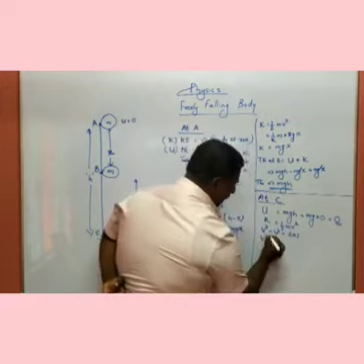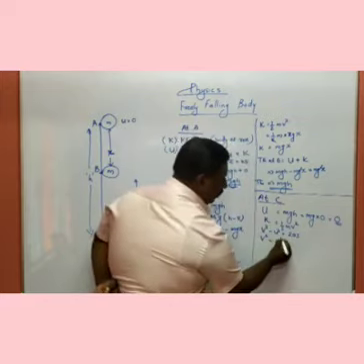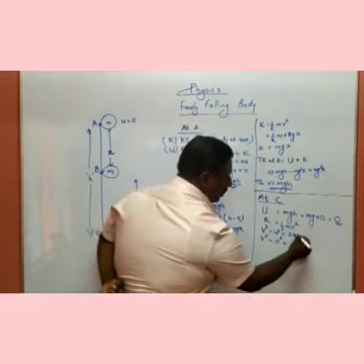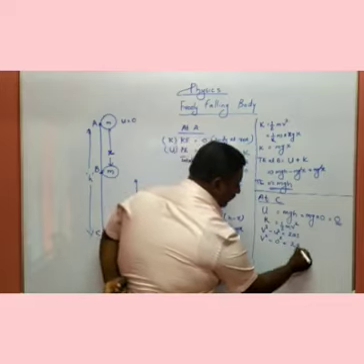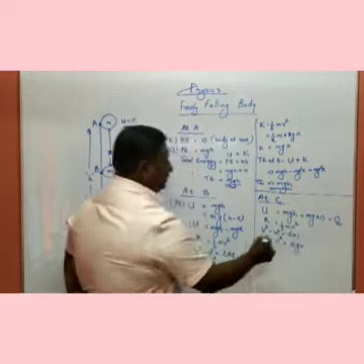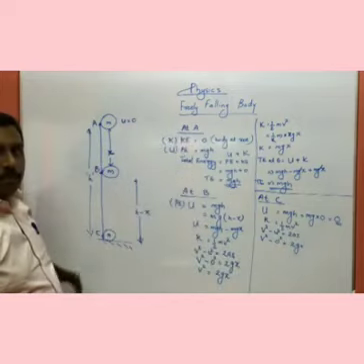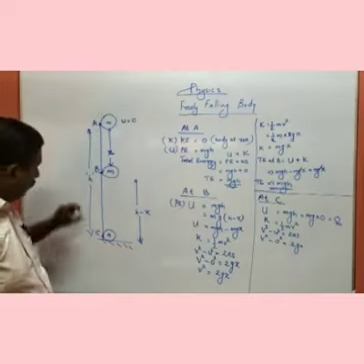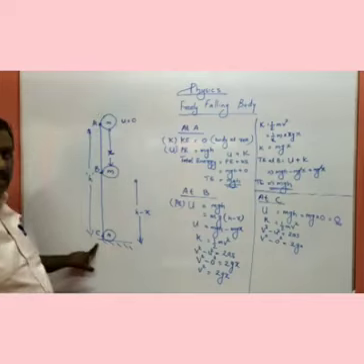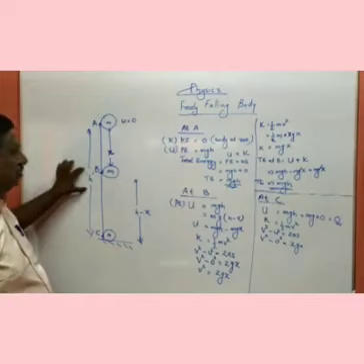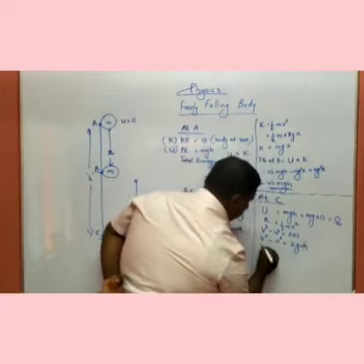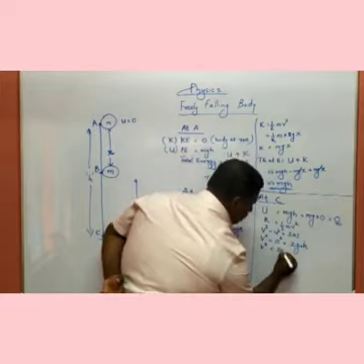Before starting it is at rest, so u is 0. a is acceleration due to gravity, into s, the distance covered by the body. The body starts from the point A and while reaching C, it totally covers a distance of h. Then v square is equal to 2gh.